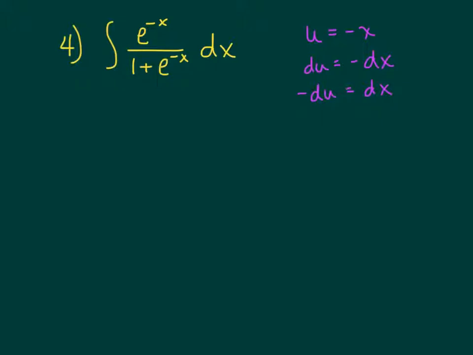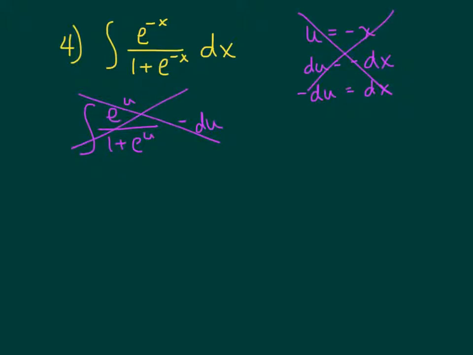So here I would have the integral of e to the u over 1 plus e to the u, and then times negative du. All right, well, everything is in terms of u, but did that get me any further? No, I still can't take the integral of this. I don't have any rule for taking the integral of e to the u divided by 1 plus e to the u, and so this is not going to help me. And so I did need a different method.